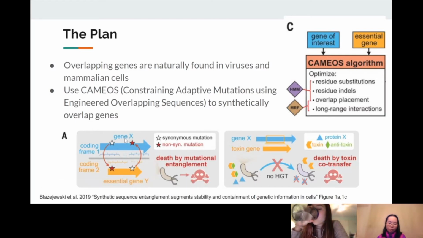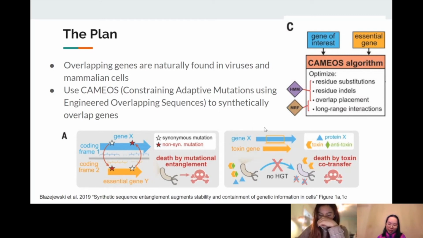Either way, you prevent any type of mutation that would allow this gene, let's say it's a more pathogenic or more dangerous gene, from evolving into a more dangerous mutant. So essentially what this is doing is preventing the evolution of your target gene.